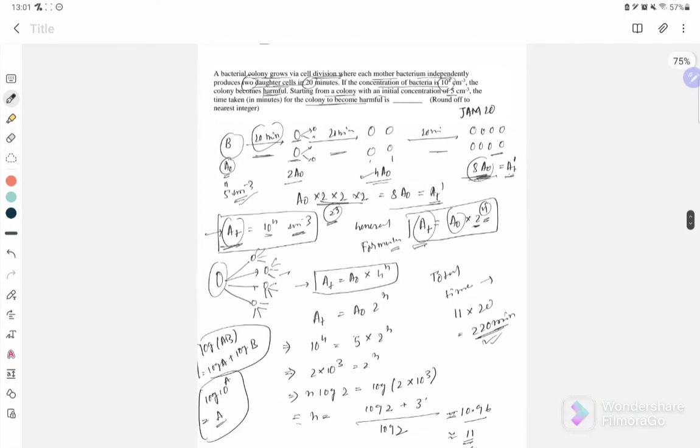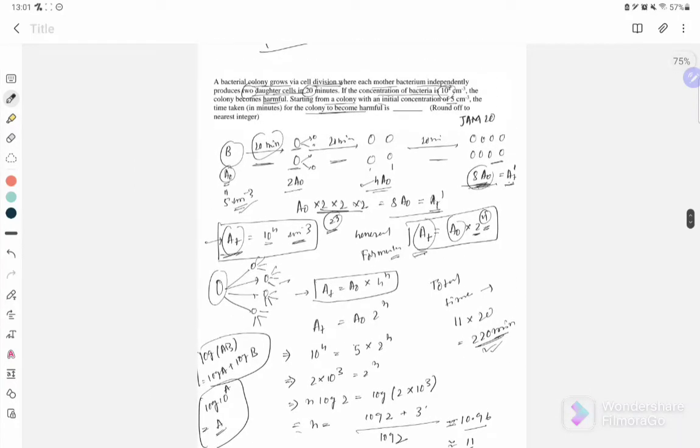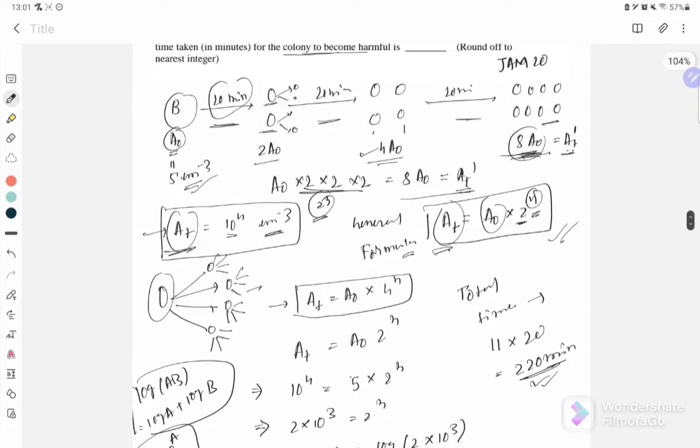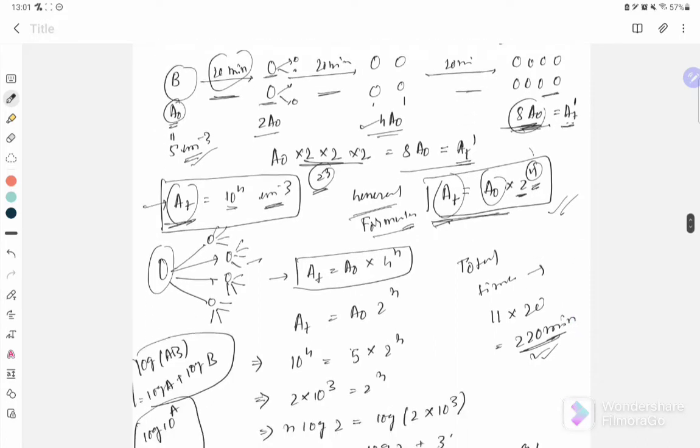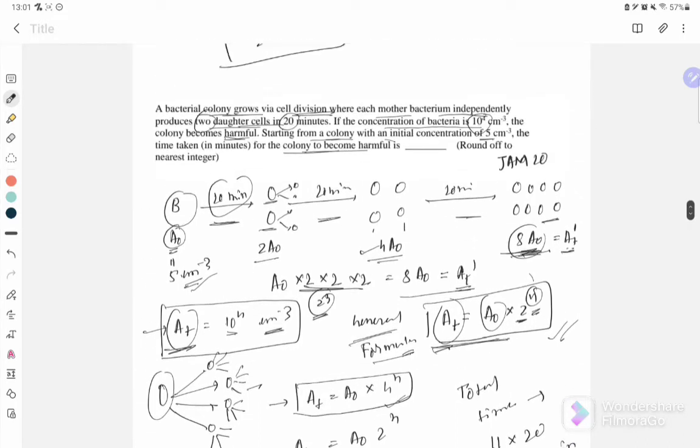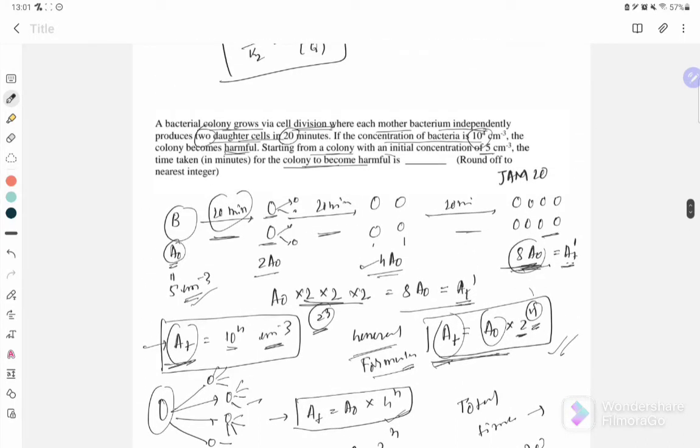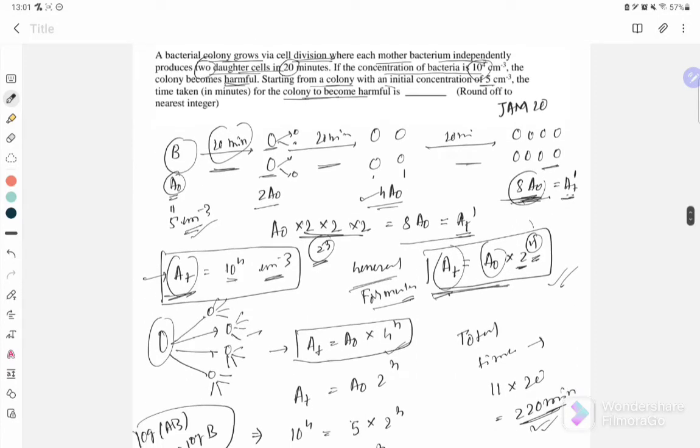So you just have to know the concept, because we produced a general formula for this question. What we studied is that the daughter cell produced from a mother cell will be our repeated unit.